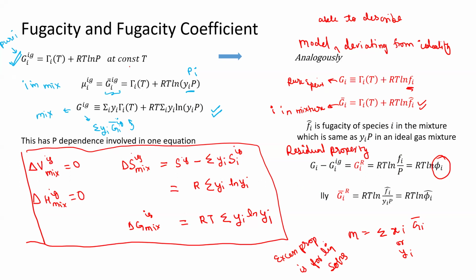So this minus this we are doing, and that's how we are getting Fi by P. So that's why we have fugacity coefficient. It is pressure by pressure, right? Both have pressure units, so this is dimensionless. And similarly for the mixture, how much is it deviating from an ideal mixture? The residual property is defined, and we have phi i hat there. Okay, so this is all what has been discussed by Guma sir in the week 8 classes.